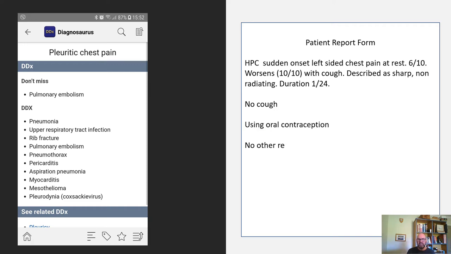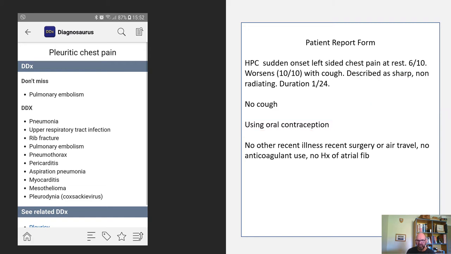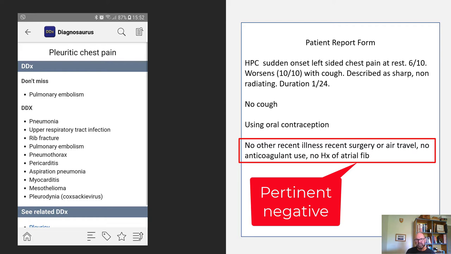In this case, the patient is using oral contraceptives, a risk factor that means I cannot take a pulmonary embolism off the radar without diagnostic proof. But as you can see, I've still had to ask the other risk factor questions. So you will see that I've recorded the pertinent finding and also provided commentary on the common risk factors that are not present. Recording the absence of an essential feature of a disease is called a pertinent negative.